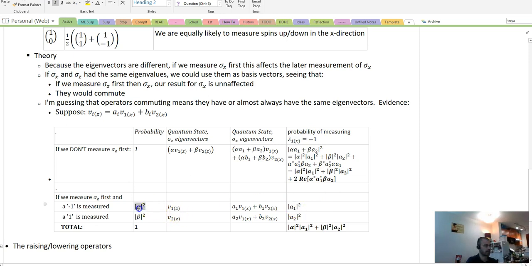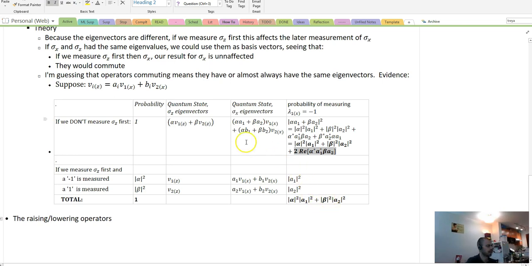The chance that we collapse to this state was that, and so overall the chance that we collapse to this state and then measure a downspin is this. Similarly, the chance that we collapse to the up z state and then measure a down x state is that times that, which gives us this term. And if you notice, these terms are the same as these terms. But when we left this combined state, we also got this additional term.